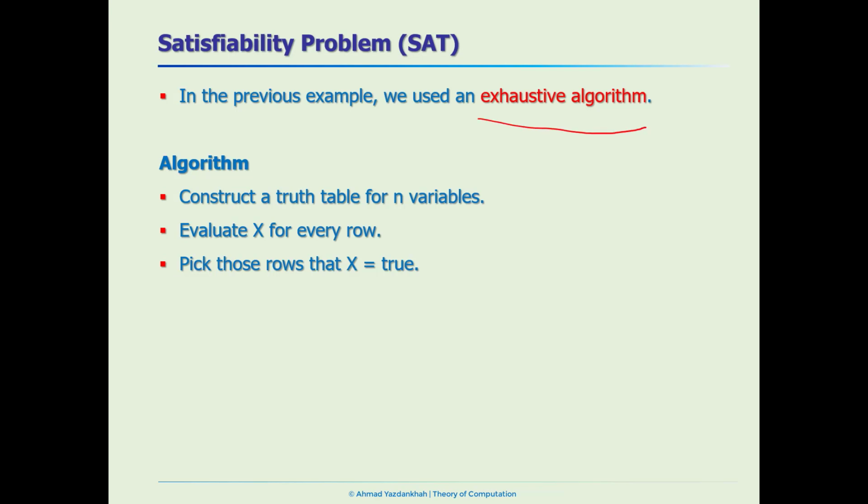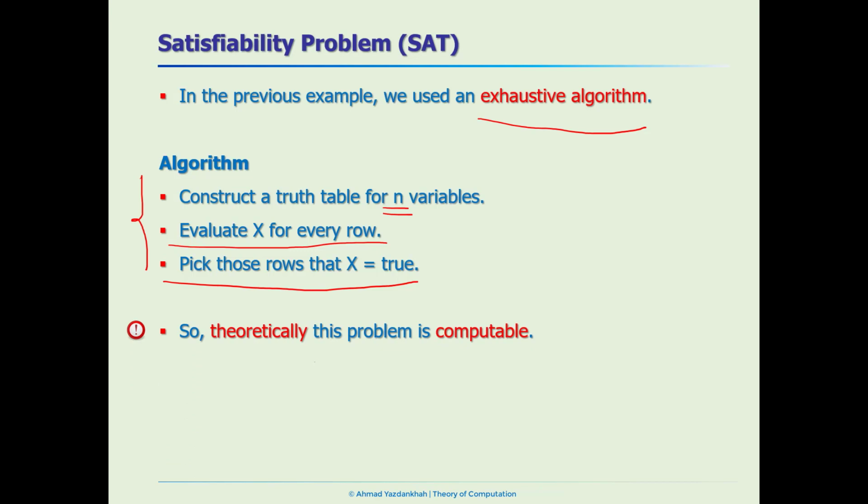So this satisfiability problem, or SAT, is the problem for which we proposed this algorithm. First construct the truth table based on the n variables, then evaluate each row, and then pick those that make the expression true. Theoretically, we offered an algorithm for this problem, so theoretically it's computable.